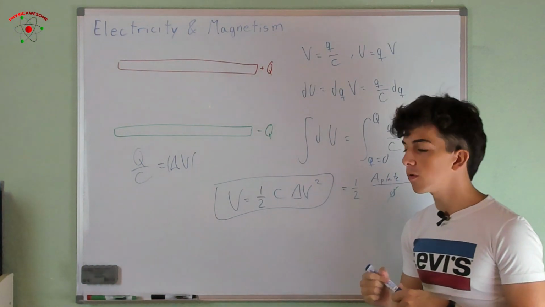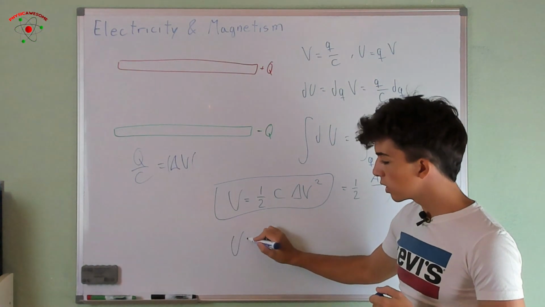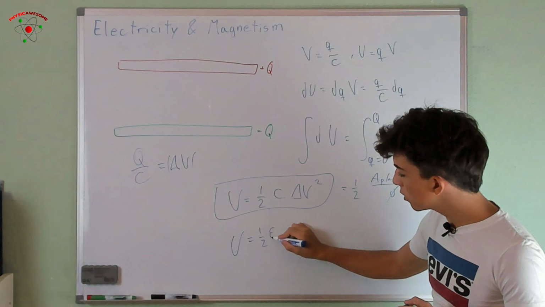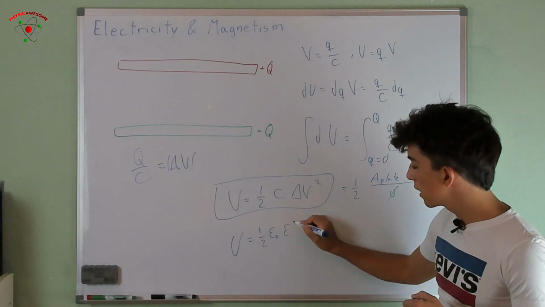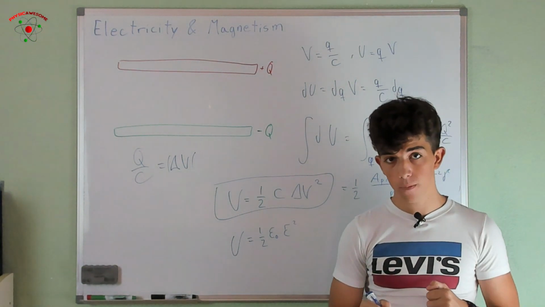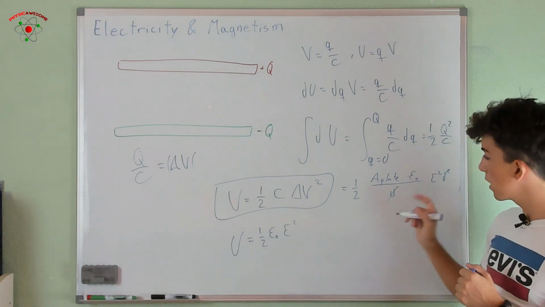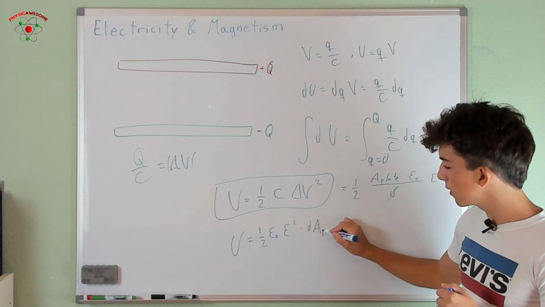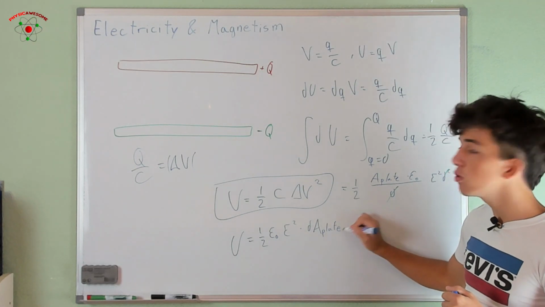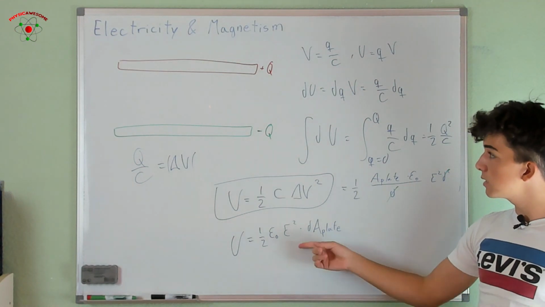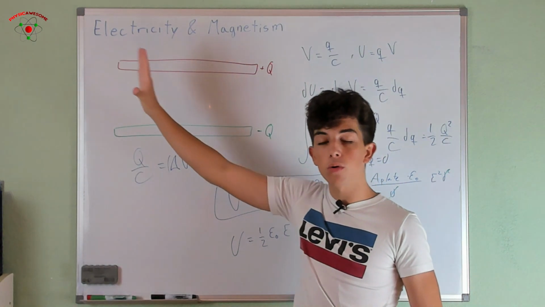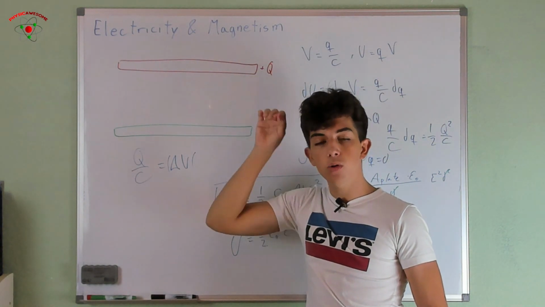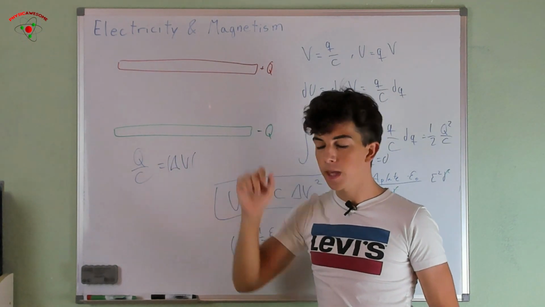We're going to express this as U equals 1/2 epsilon naught times the electric field squared, times d and the area of the plate. And if you realize, this is equal to the volume of our capacitor.